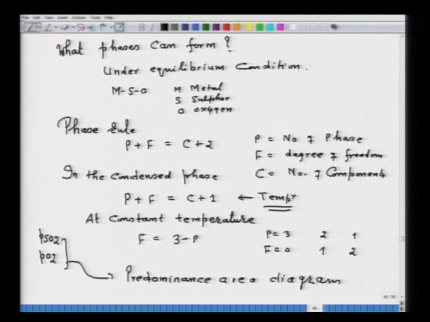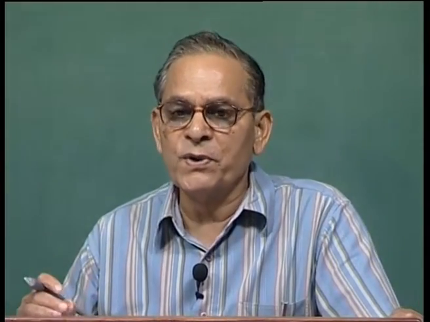From the predominance area diagram, one can get the information on what combination of PSO2 and PO2 is needed at a given temperature if we want a particular phase. That will be the subject matter of the next lecture.